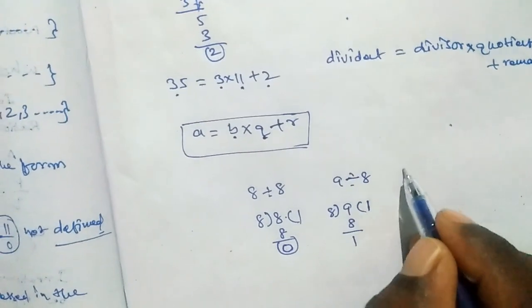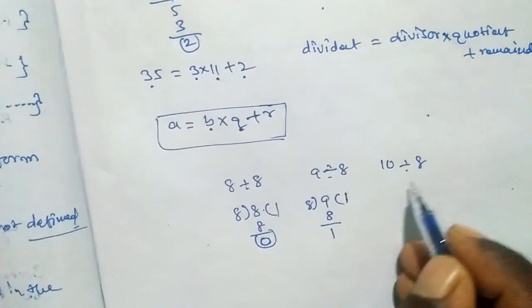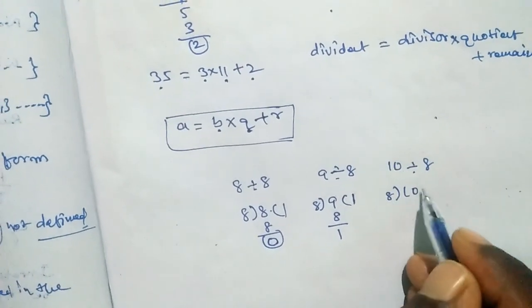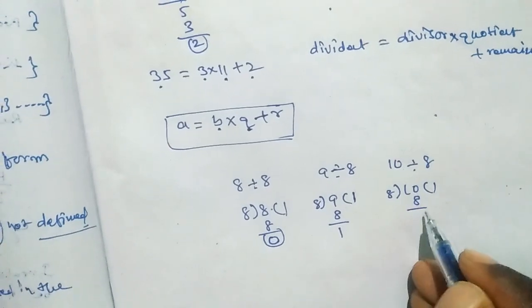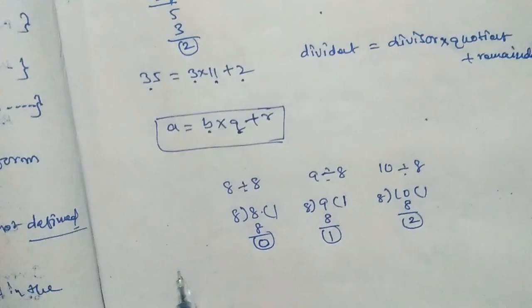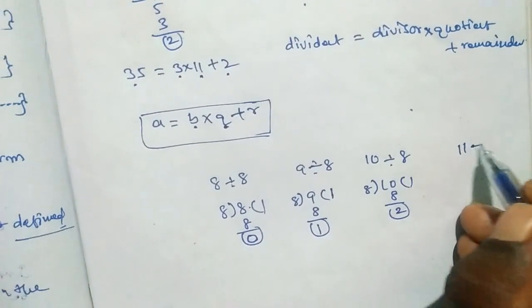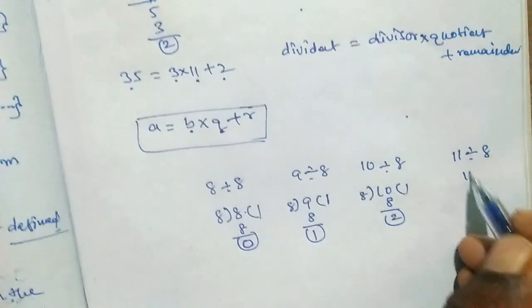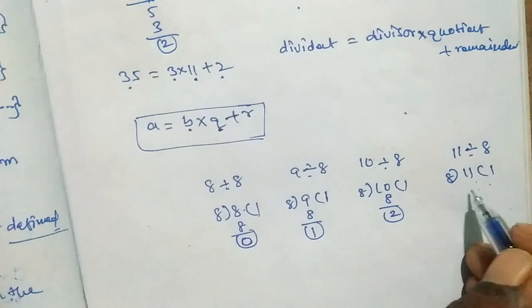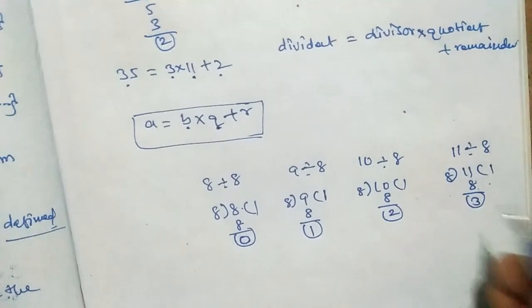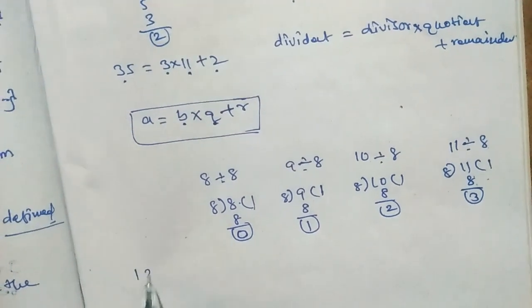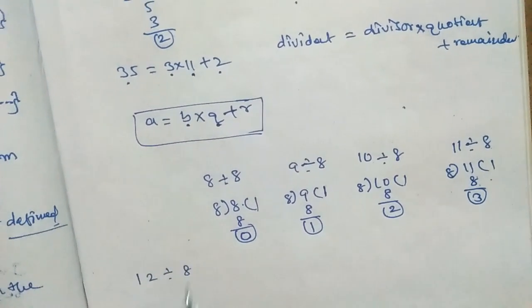Remainder 1. Now 10 divided by 8. 8 ones are 8. Remainder 2. So 11 divided by 8. 8 ones are 8. 3 is the remainder. Now 12 divided by 8.